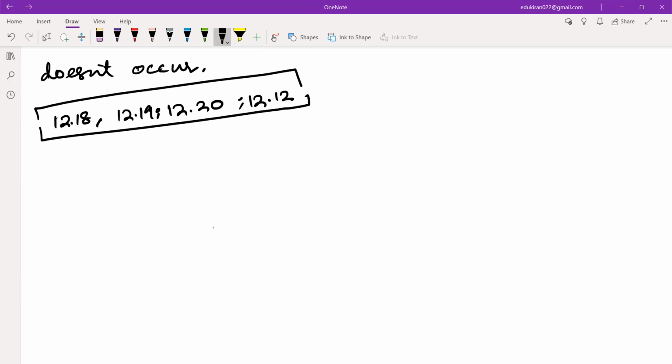In 12.12, you will be ranking compounds in their reactivity and in their acidic strength. Then 12.18 is very important, because in this you have to give explanations for a few things. 12.19 is a long question in which you are given an organic compound containing a certain percentage of carbon, hydrogen, and so on.